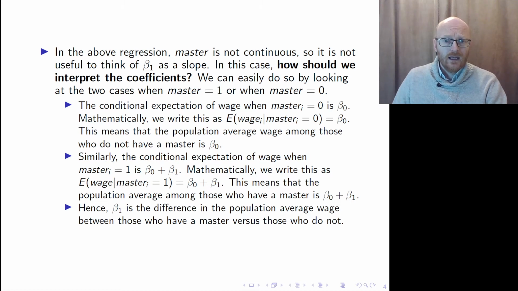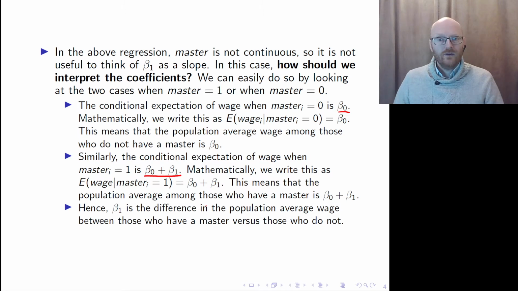And when master's degree is equal to 1, then the conditional expectation is equal to beta naught plus beta 1. So we write this as the expectation, the average of wage given master equal to 1, is beta naught plus beta 1.